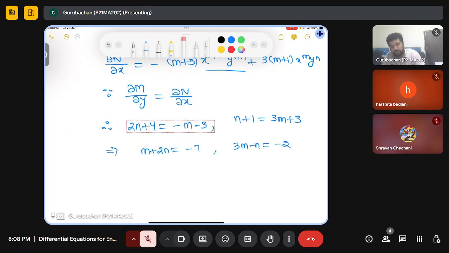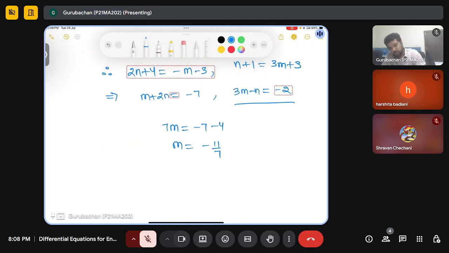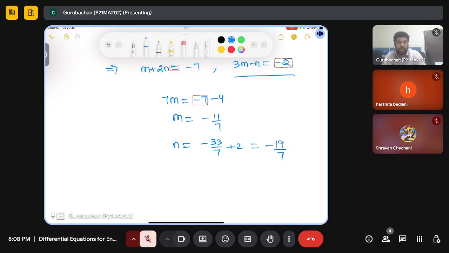If you multiply this one with 2 and add with this, you will get 7m minus 7, and since we are multiplying with 2, it will be minus 4. Then m will give you minus 11 by 7. And now n will be equal to minus 33 by 7 plus 2, minus 19 by 7. So this is your m and n.